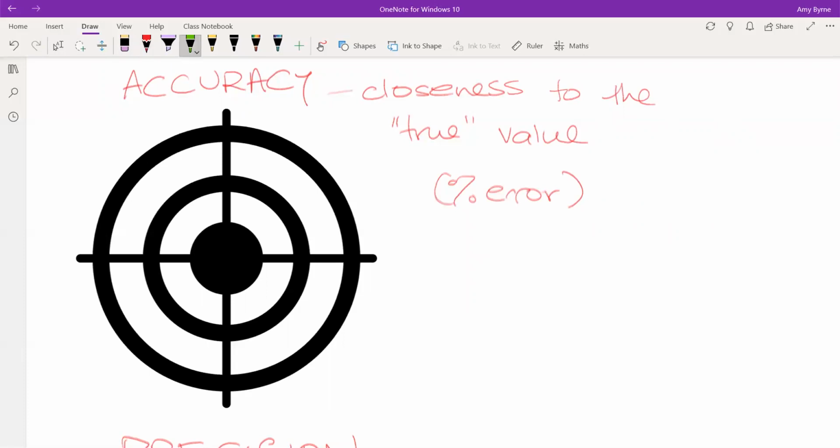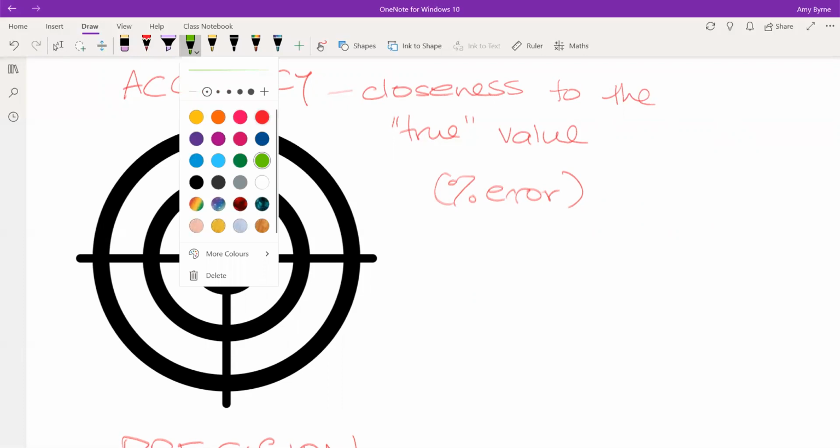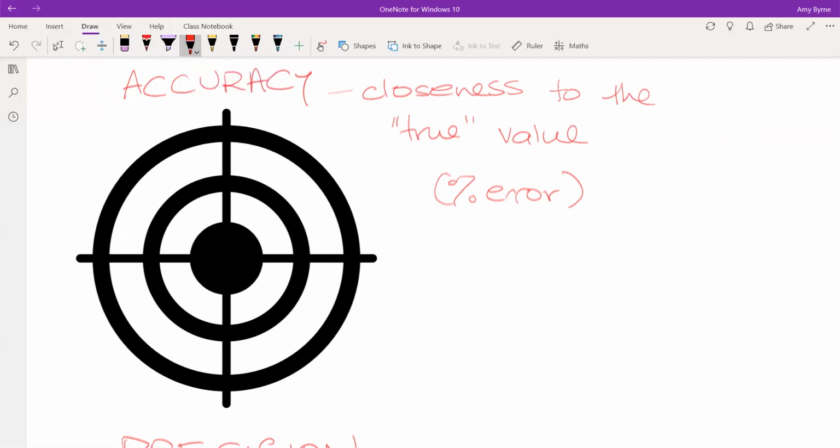So an accurate set of results might look something like this. You might get one smack bang on the target, but the others are all over the shop. Because there is that one that is close to the quote unquote true value, this is an accurate set of data.